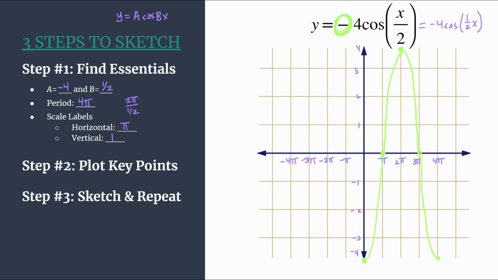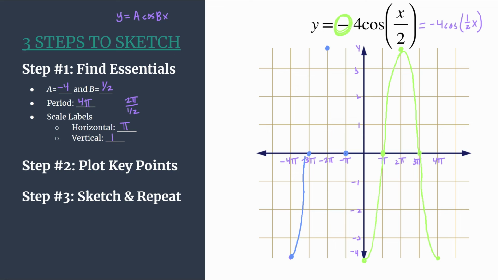Okay, let's move over to the negative side of the horizontal axis. So starting at negative 4 pi, okay, we know we have 4 pieces of the pattern, so we need 4 tick marks open. We'll have minimum, 0, maximum, 0, repeat, and that links in nicely to our current green cycle.